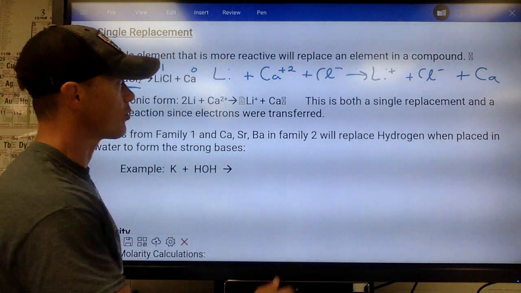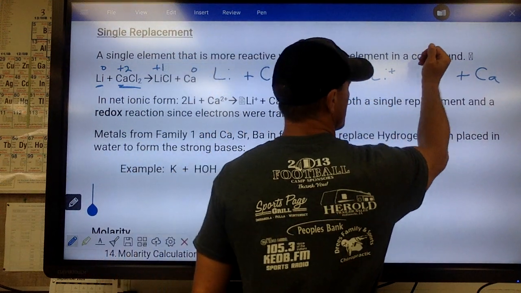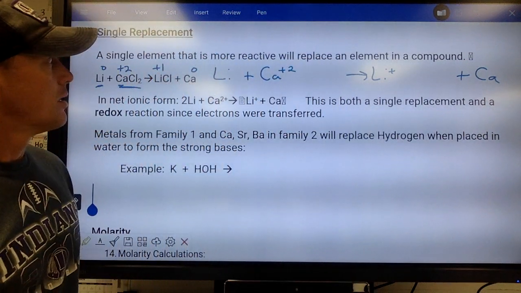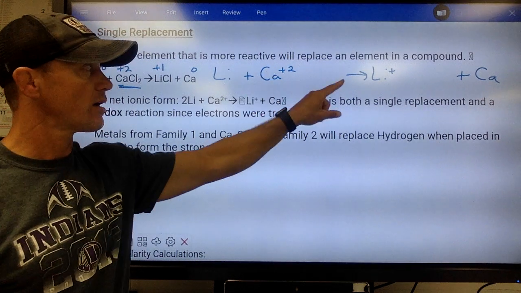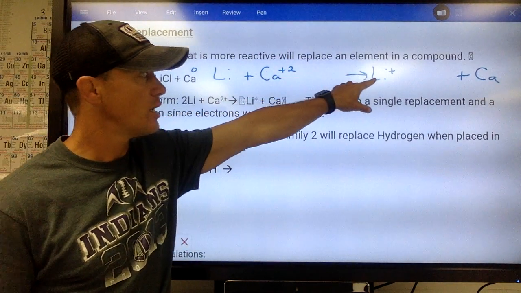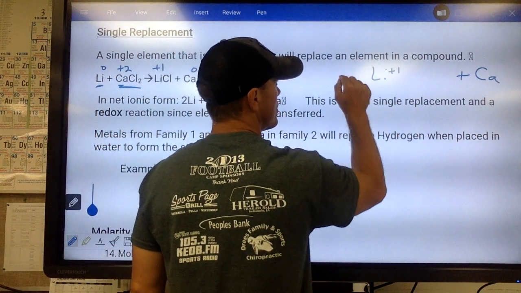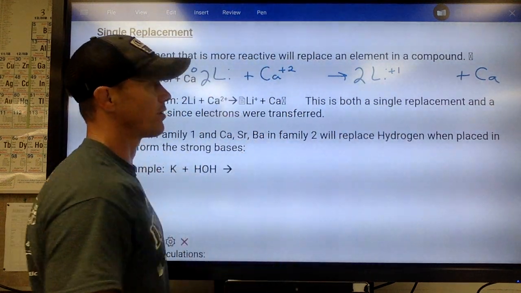The spectator ion in this case would be chloride, so get rid of the chlorides. Make sure our atoms are equal: 1 lithium, 1 lithium, 1 calcium, 1 calcium. Make sure our charge is equal. Well, it's a +2 and a +1, so that charge is not equal. We need a 2 in front of there, and a 2 in front of there.